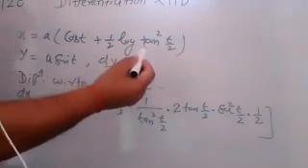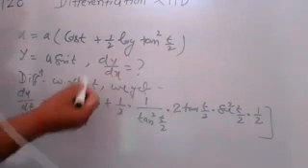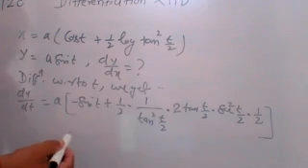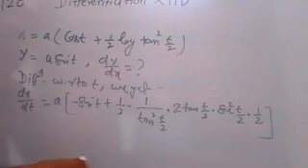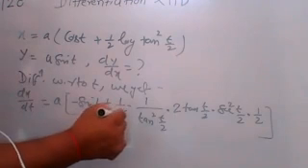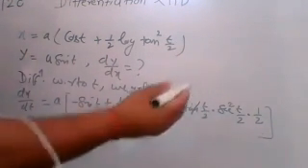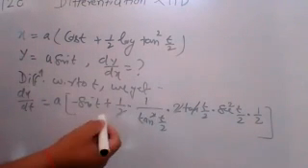Or, if you take one step more, x can be written in simplified form. So you can write it in this way also. 2 and 2 cancel out, and 1 power of tan cancels out, and you just simplify here.